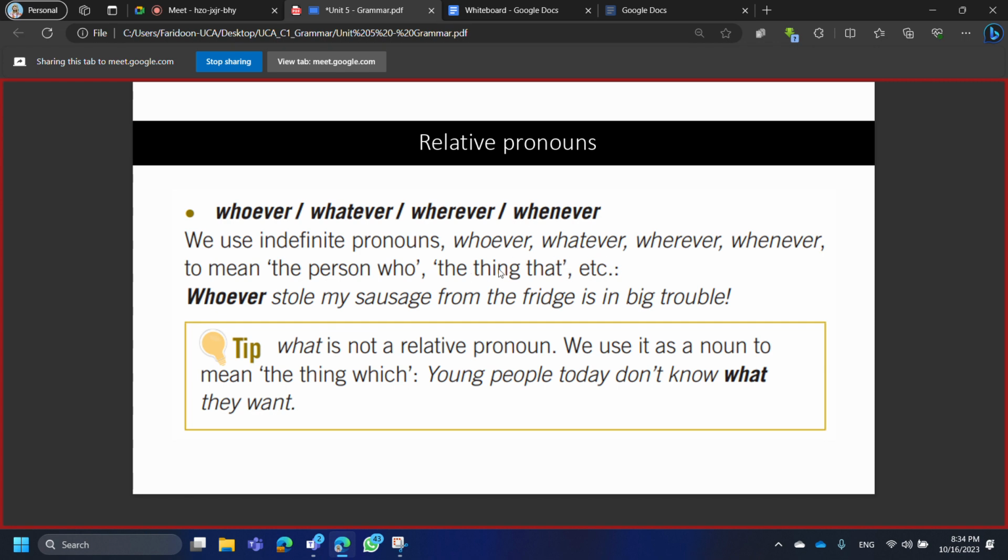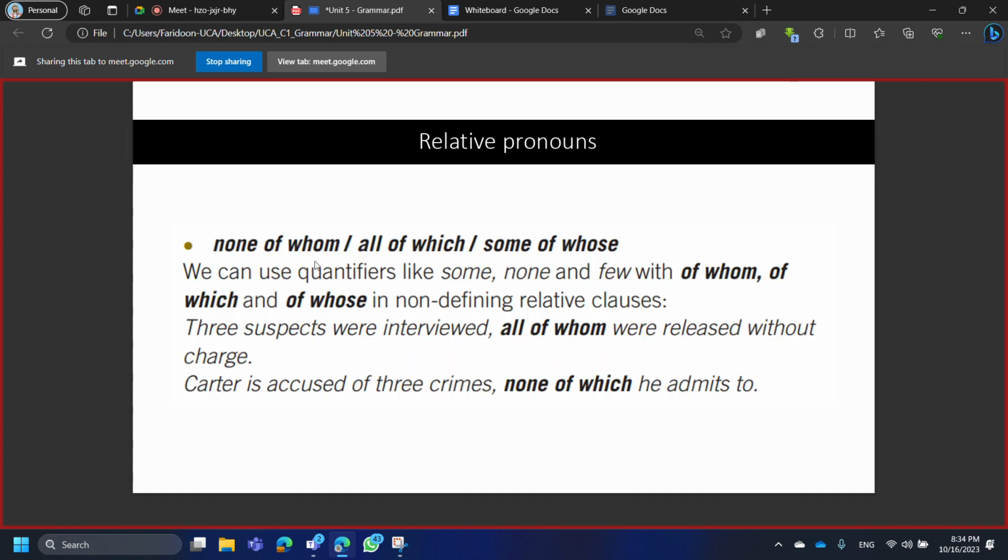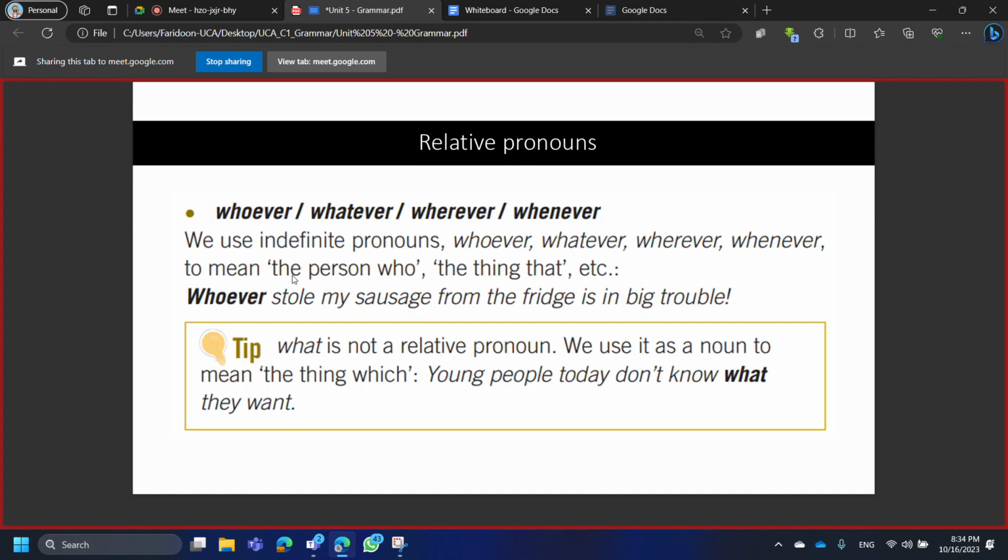You can use these once again as the pronouns of your relative clauses. The meanings are very clear. Whoever means the person who, whatever means the thing that, wherever means the place that, whenever means the time that, and it just goes on.